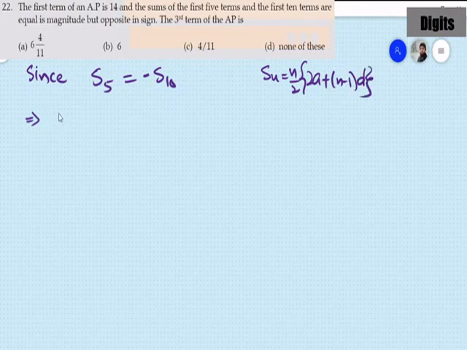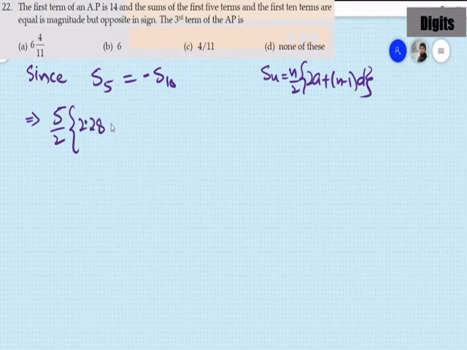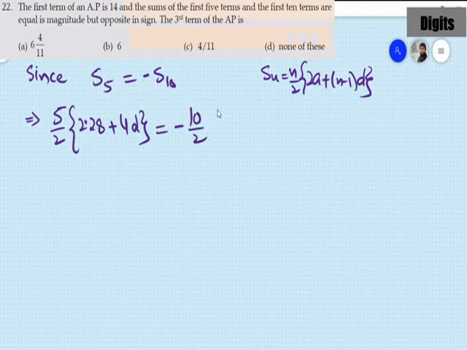This will be equal to, then replace n by 5 on the left hand side, it will be equal to 5 by 2, and then it will be 2 into a is 14, is 28, 2 into 28, then we have plus 4d, it will be equal to minus 10 divided by 2 into 14.